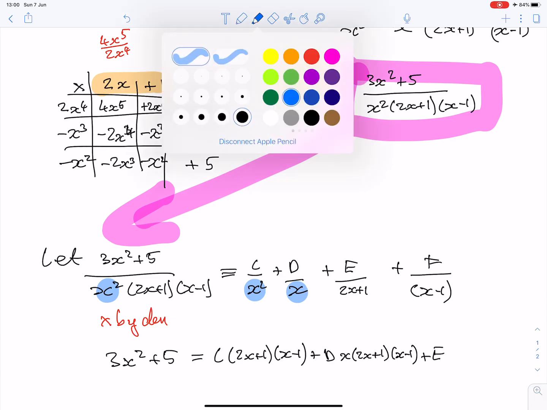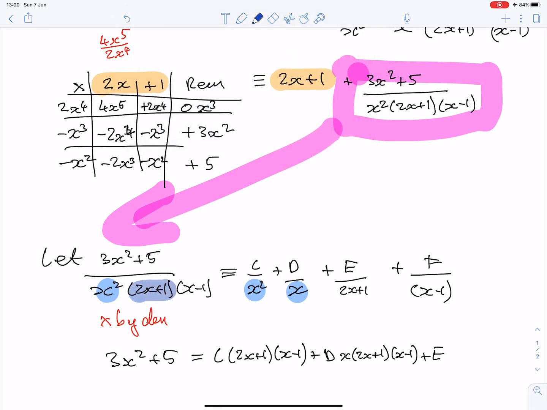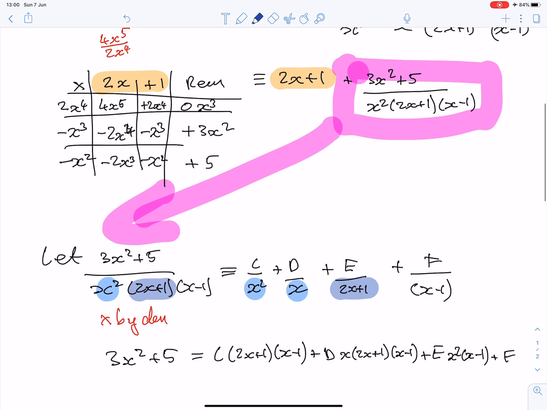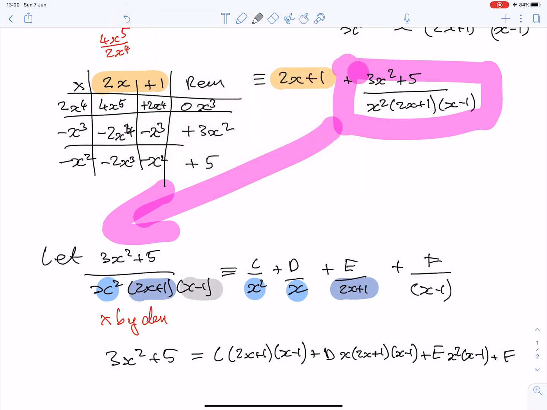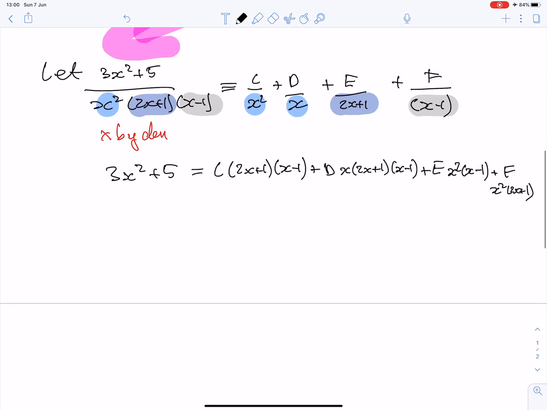So here the 2x plus 1s are going to cancel to leave x squared x minus 1 plus f. And here the x minus 1s are going to cancel to leave x squared and 2x plus 1. Sorry for running out of space down the edge there.